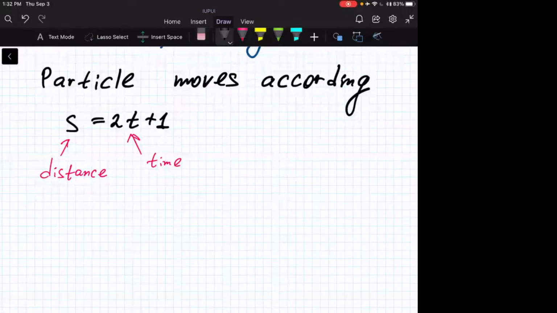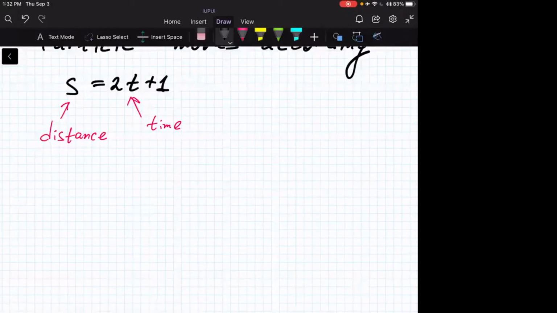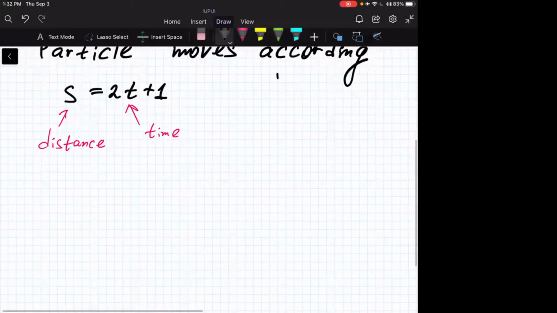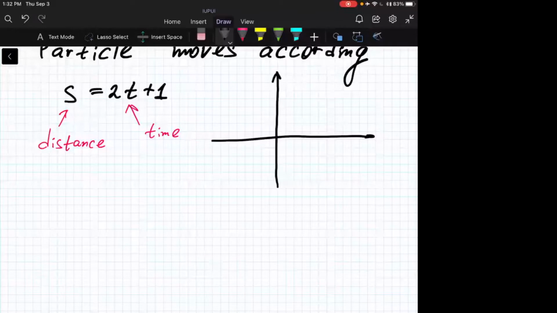So if we graph, this is a linear function, and its graph looks like this.